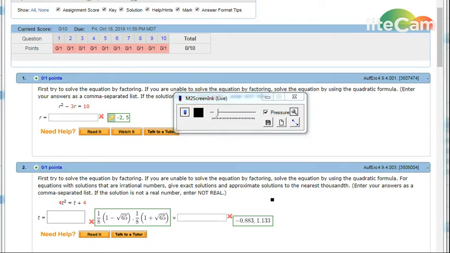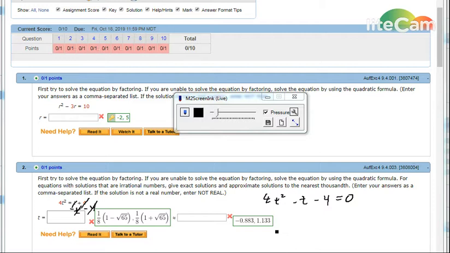So we're going to get 4t squared minus t minus 4 equals 0. Subtracting t and subtracting 4 from both sides allows you to cancel the t and cancel the 4, leaving 0 on the right.